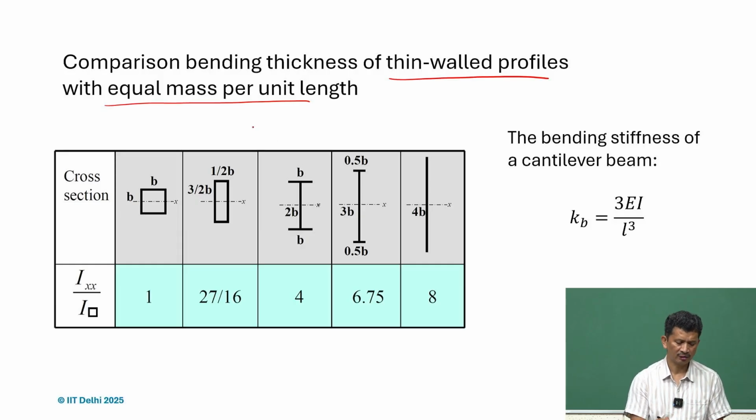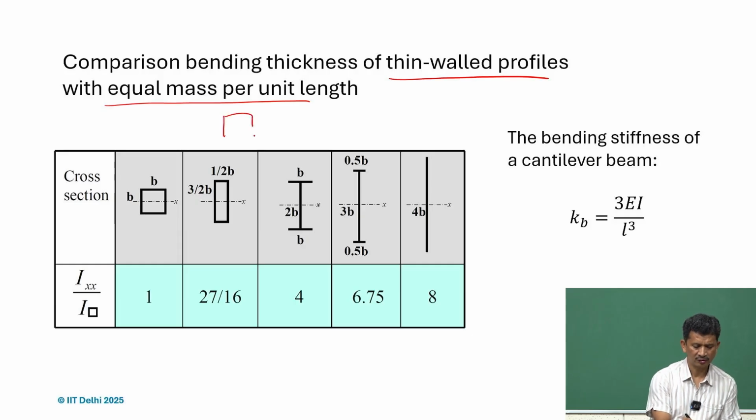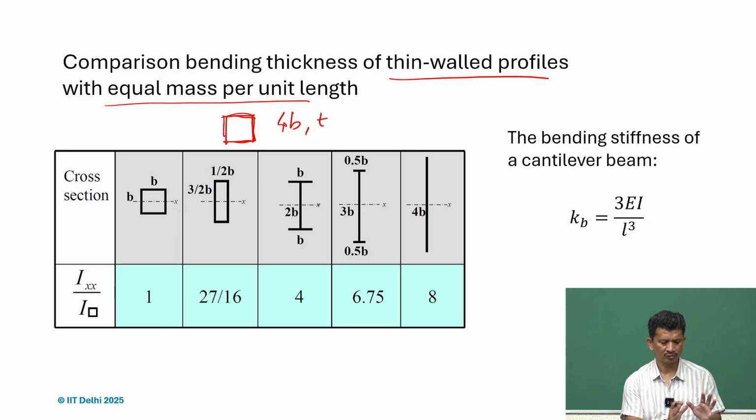So, then what we are playing with is this 4b, where 4b is the perimeter and T is the thickness. In a way this is the area, 4b times T, and we are playing with that, and if we compare, then we will find what kind of section is best to use for higher bending stiffness.